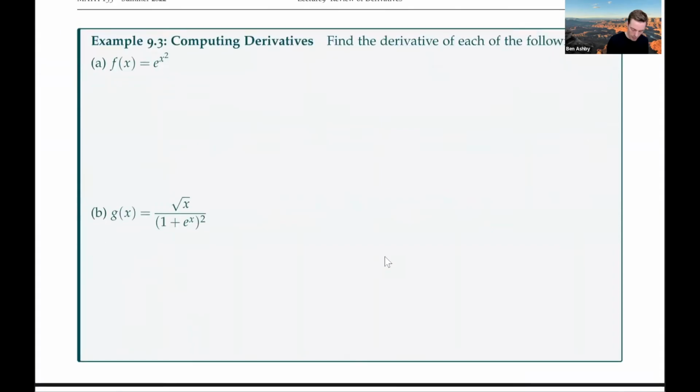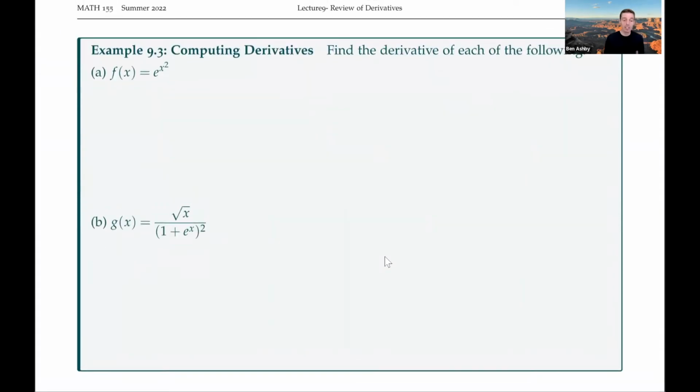Okay, so if we think of an example, if we have f of x is equal to e to the x squared, well, let's think about what this actually means here. This is a composition of two functions, let's call it g of t is equal to e to the t, and h of x is equal to x squared.